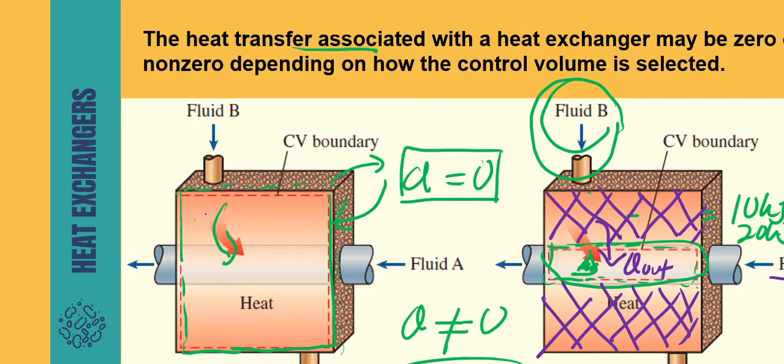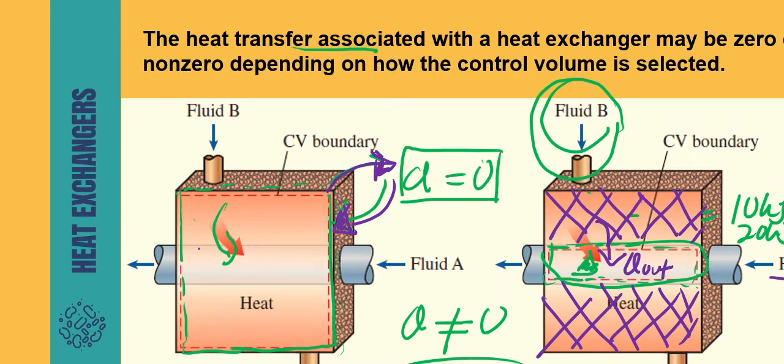But if you select your system to be the entire heat exchanger that consists of fluid A and fluid B, your Q is equal to zero because there is no heat transfer from the system to the surrounding or from the surrounding to the system. Okay, can you see the difference now?